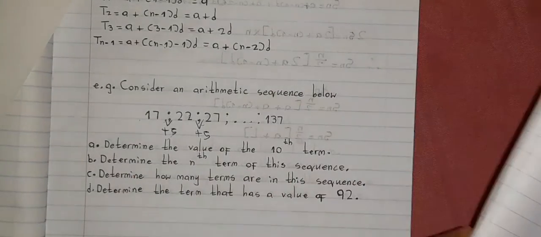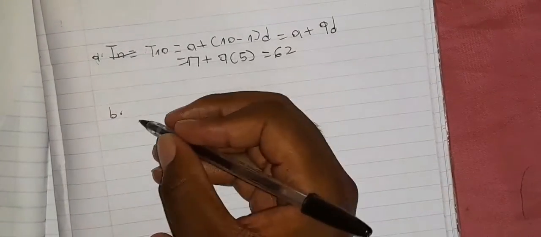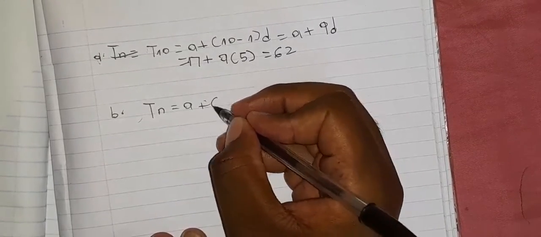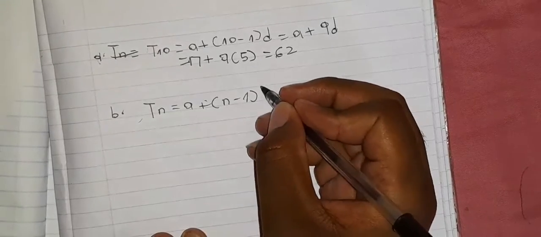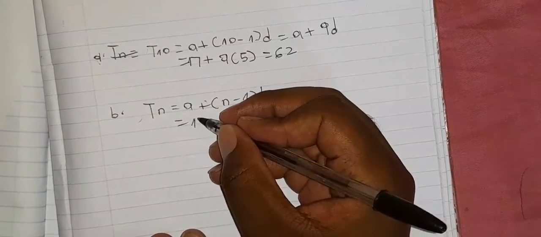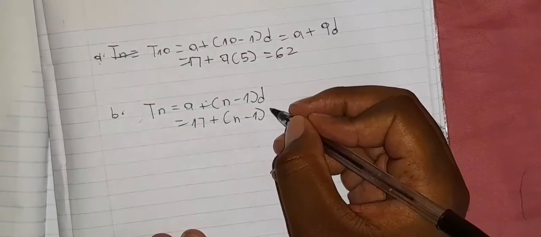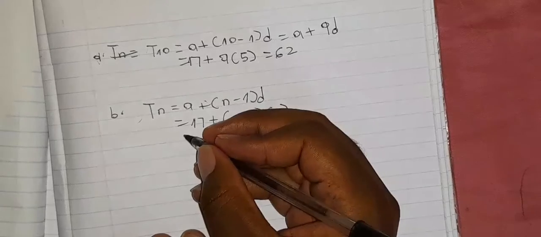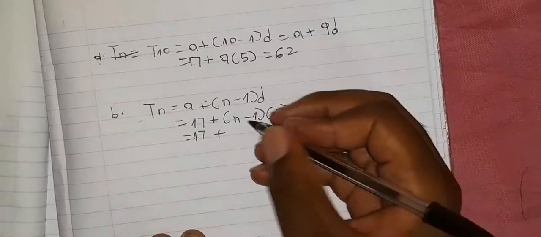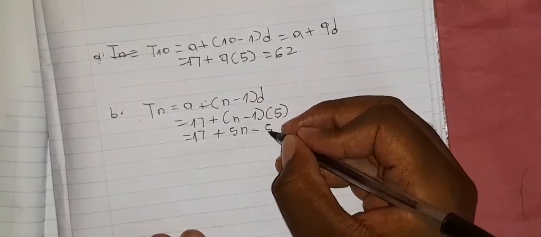Determine the nth term of this sequence. So here we are looking for the general term. We know that Tn is equals to A plus n minus 1 D. Our A is 17, our n we don't know, and our d is 5. 5 times n gives me 5n. 5 times minus 1 gives me minus 5.